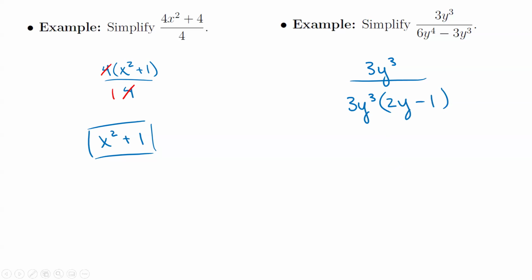And again, now that I've got it in factored form, now it's okay for me to cross out the 3's, cross out the y cubes. And of course, this is really important here because it's up on top. You need to understand there is a 1 here, right? After you've divided on top and bottom, if everything gets crossed out, there's really a 1 left over. So my final answer is 1 over 2y minus 1.